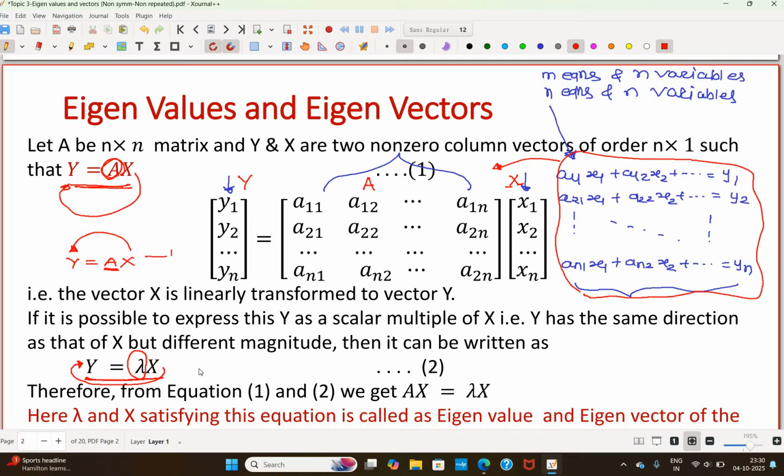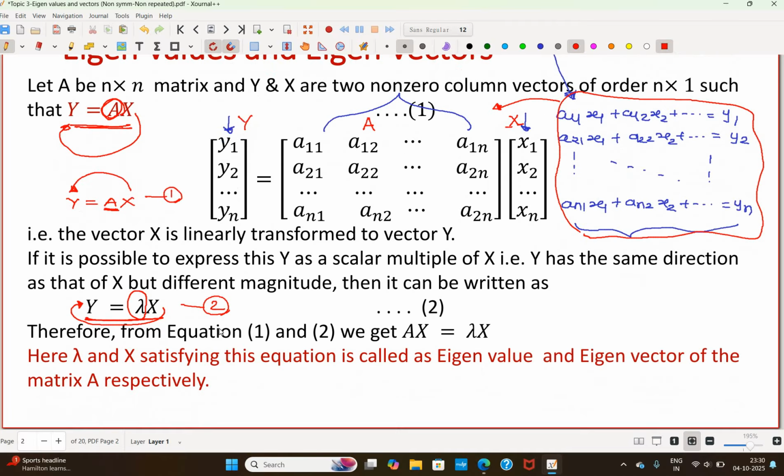Now, if this is your equation 1 and this is your equation 2, using these two equations where left hand sides are similar, we can equate the right hand sides and we get the equation ax is equal to lambda x. Correct? Here, lambda and x satisfying this equation are called an eigenvalue and eigenvector of the matrix A respectively.